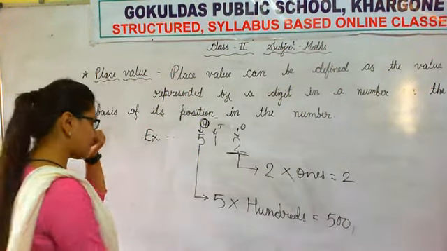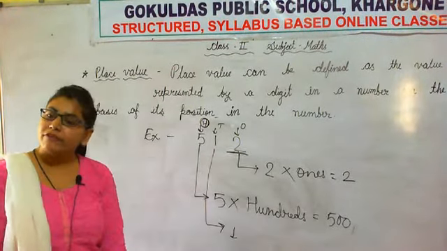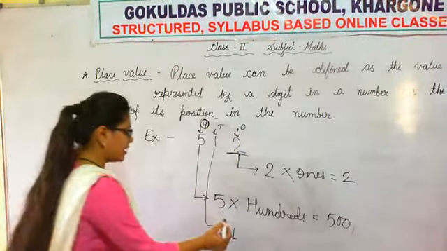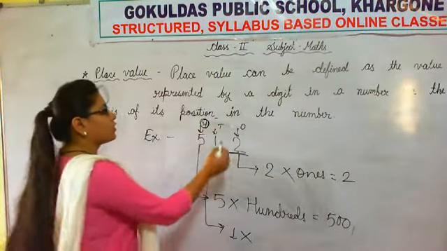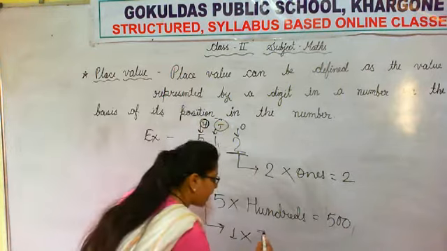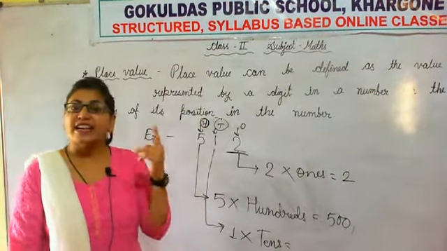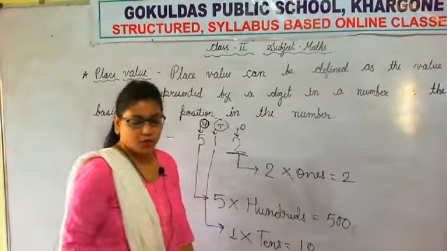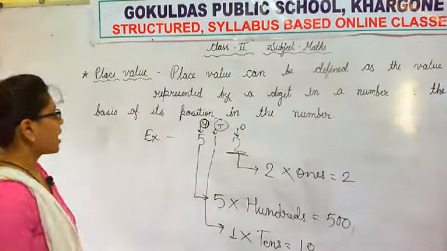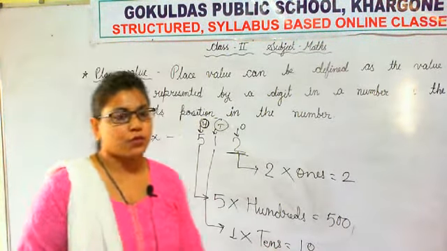Now if I ask the place value of this 1, how do we define place value? The digit depends on its position. Which position is this? Tens. So 1 ten, it means 10.